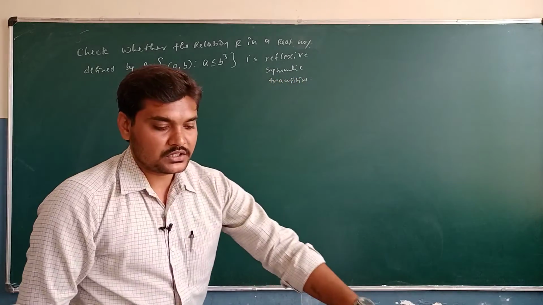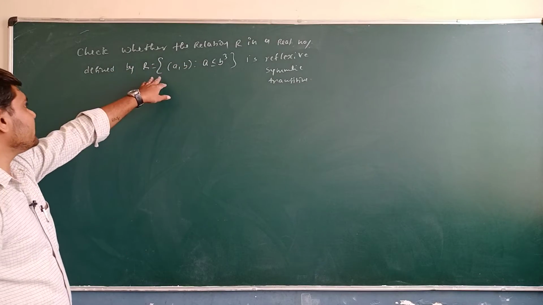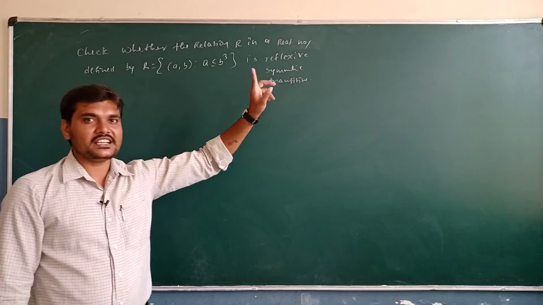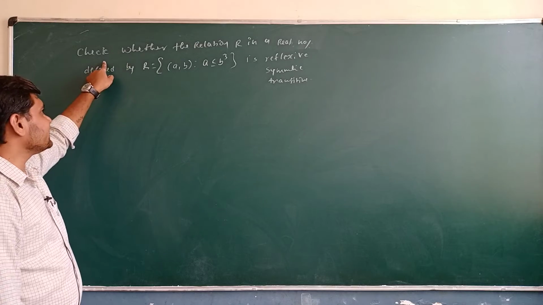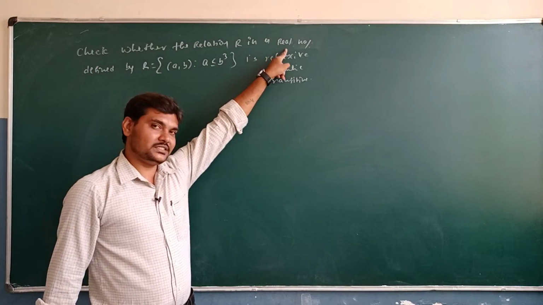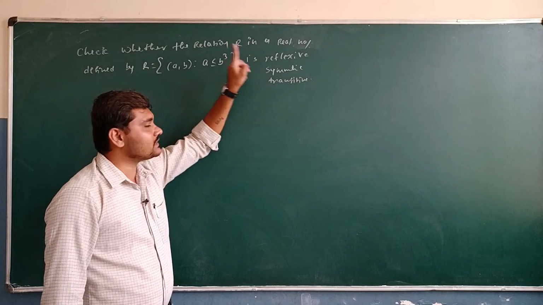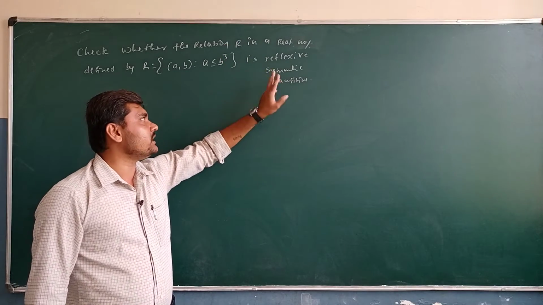So observe here. Here we need to verify, or we need to check, the given relation R is defined on the real numbers. So already I have mentioned that when we need to check here on the real numbers, we need to take such numbers that it must satisfy reflexive, symmetric, transitive.